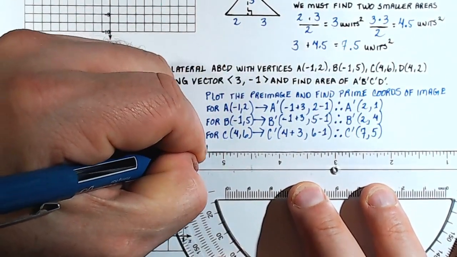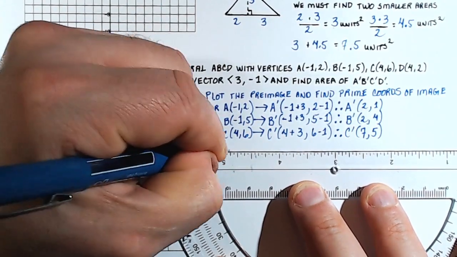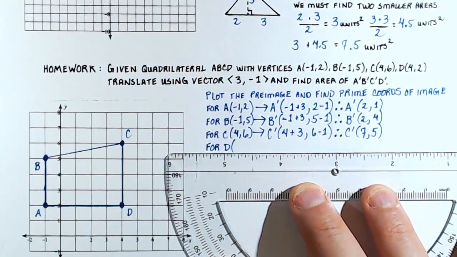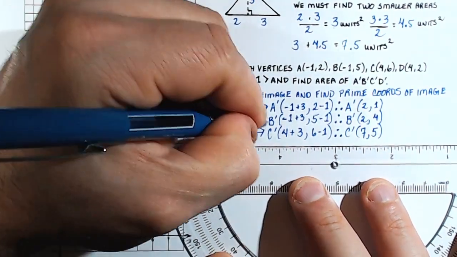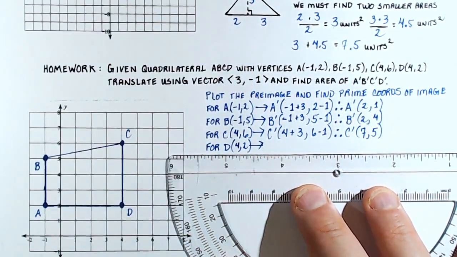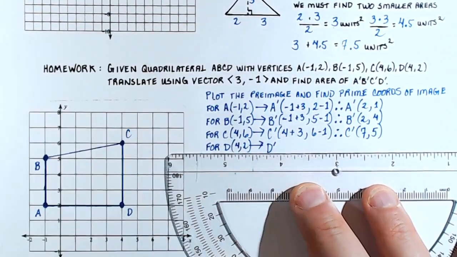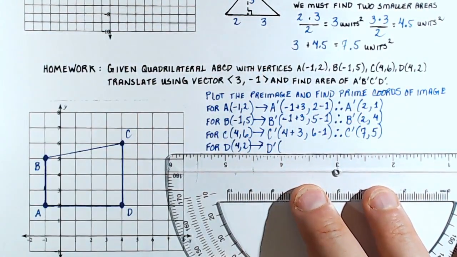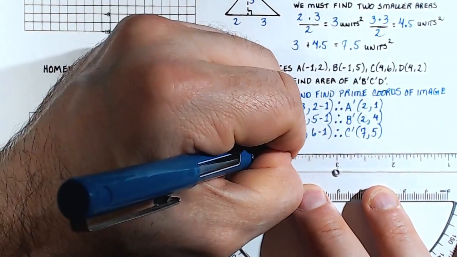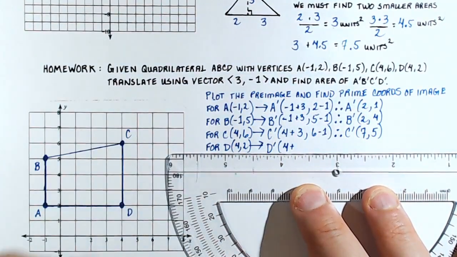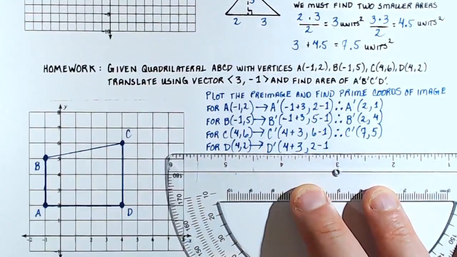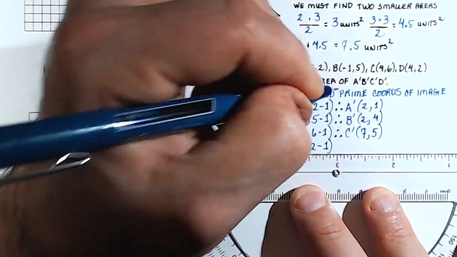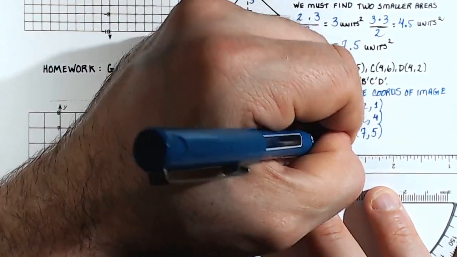Finally, for D, located at 4, 2, we find that D prime is located at 4 plus the horizontal component of the vector 3, comma 2 minus 1, which is the vertical component of the vector.